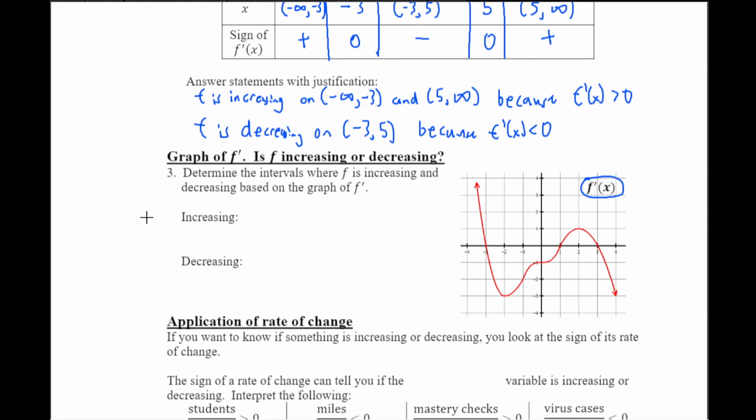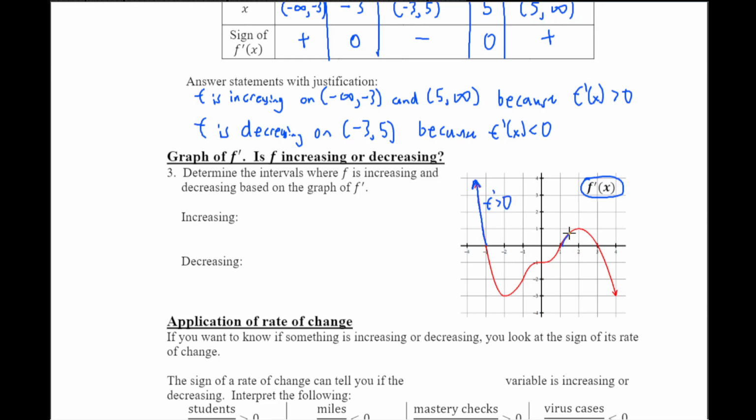So if you think about this right here, right? Increasing, well, when I think increasing, f prime should be positive. So if you look at this graph here, right? Where is this graph positive? Where is f prime positive? See right here it's positive because f prime is positive greater than 0.